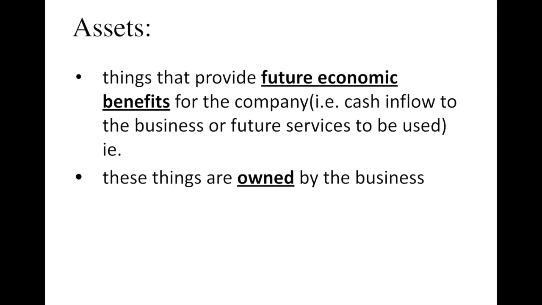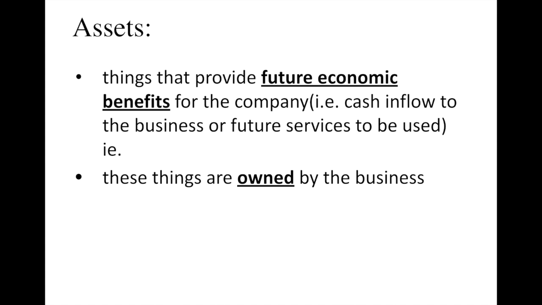Just a reminder, assets are things that provide future economic benefits for the company, i.e. cash flows to the business or future services to be used. What that means is that assets aid in the production of revenue. So, for example, a house is an asset because it aids in the production of revenue.